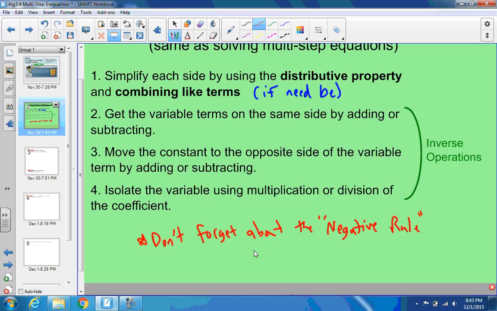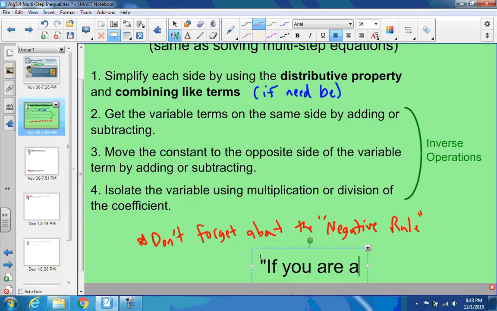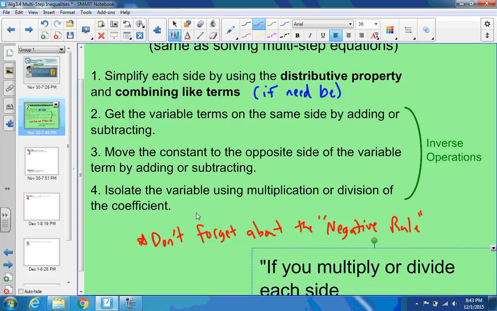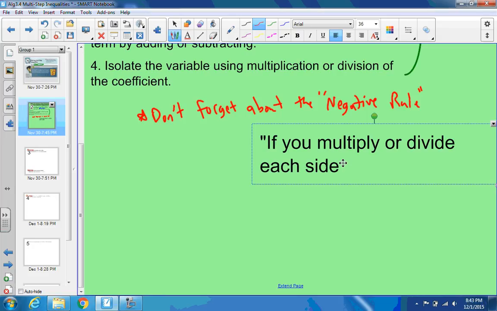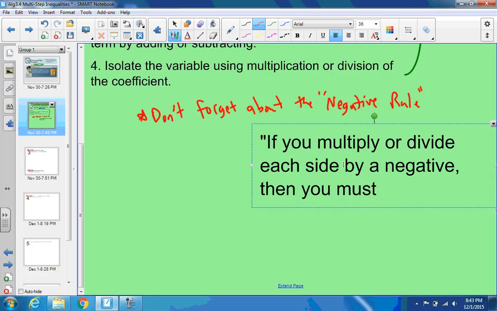The negative rule is, if you multiply or divide each side by a negative, then you must reverse the inequality symbol.